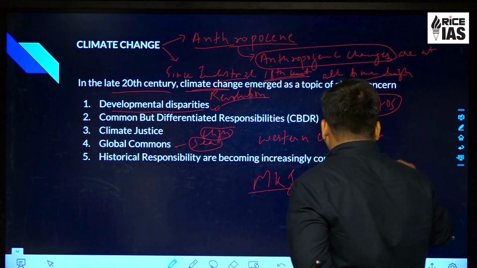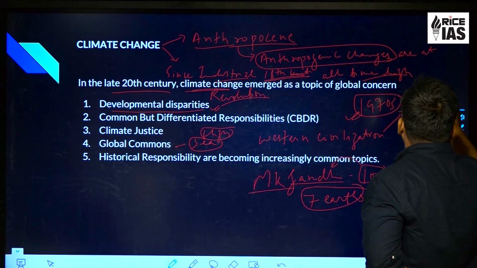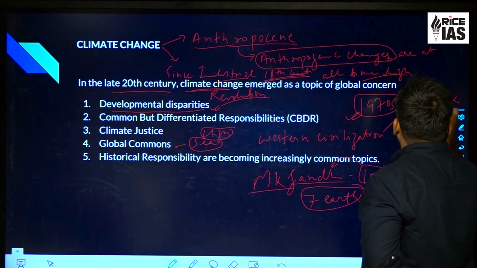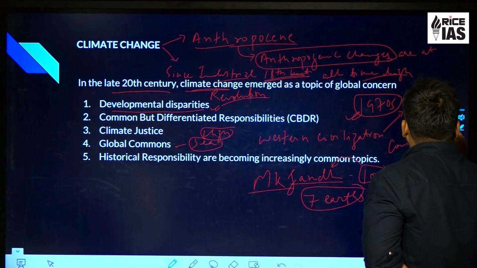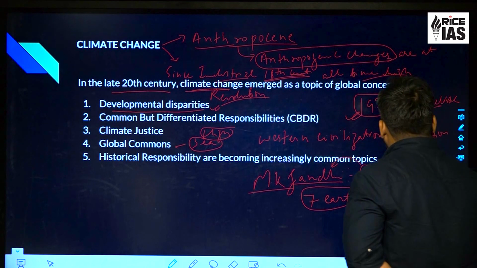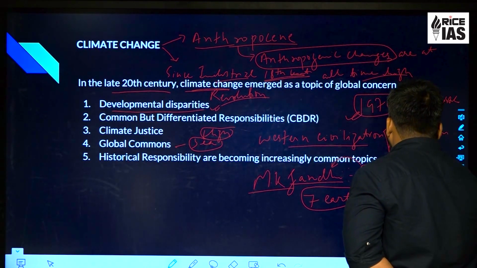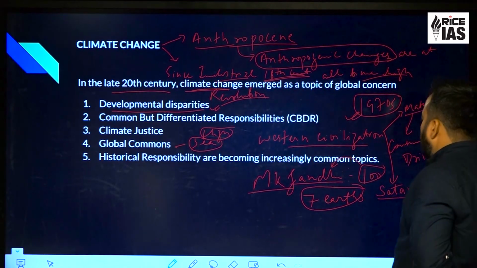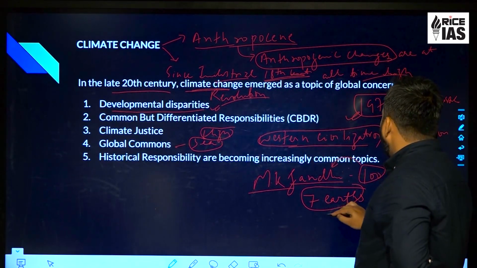Gandhi said that Western civilization is materialistic, consumption driven. He used a very strong phrase for it. He called it satanic. And he said that if the rest of the world starts aping Western civilization, we will need 7 Earths.